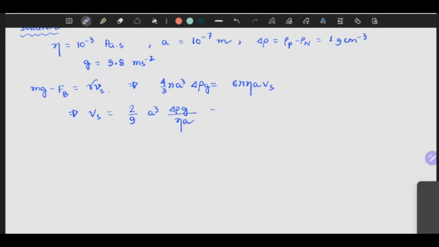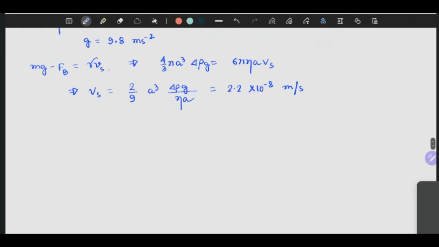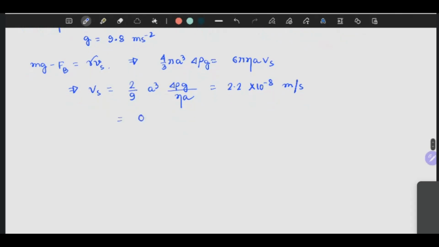If you solve it, it becomes 2.2 times 10 to the power minus 8 meter per second, or in micrometer units 0.022 micrometer per second. So you see the speed is very small, a very small sedimentation velocity.